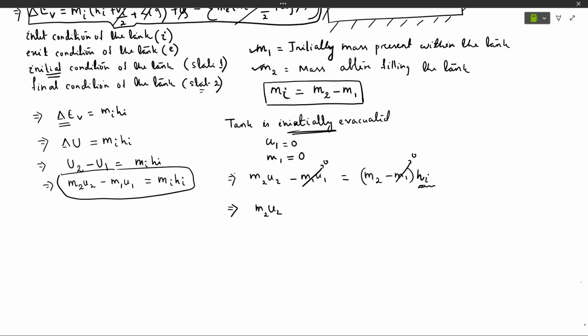Now see, m2 is present on both sides of the expression, so we cancel m2 from both sides and it becomes u2 equal to h_i. It means we can say that the final internal energy within the tank is equal to the initial enthalpy with which the mass is entering into the tank.